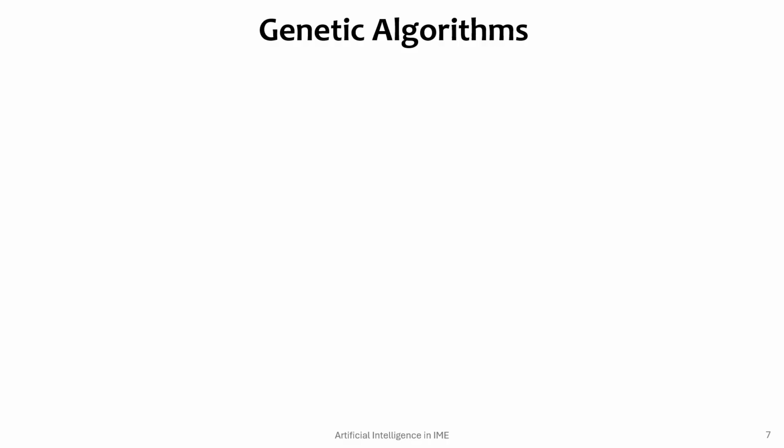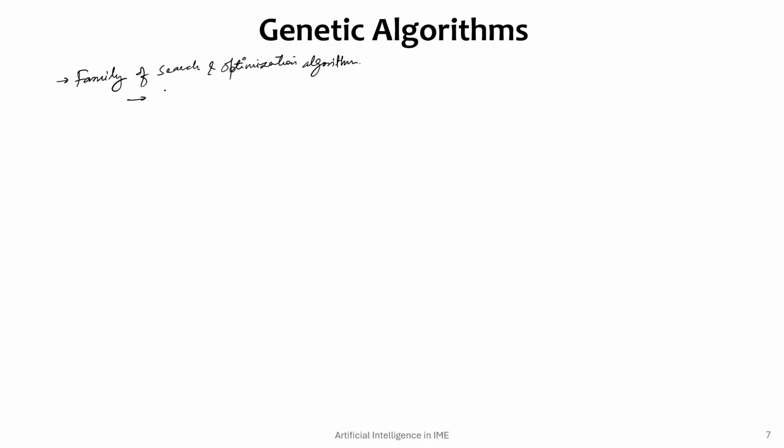Now, let us start with the genetic algorithm. So, this is a family of search and optimization algorithms, and these usually metaheuristics are inspired. It is also a heuristic, but it is inspired from natural evolution.